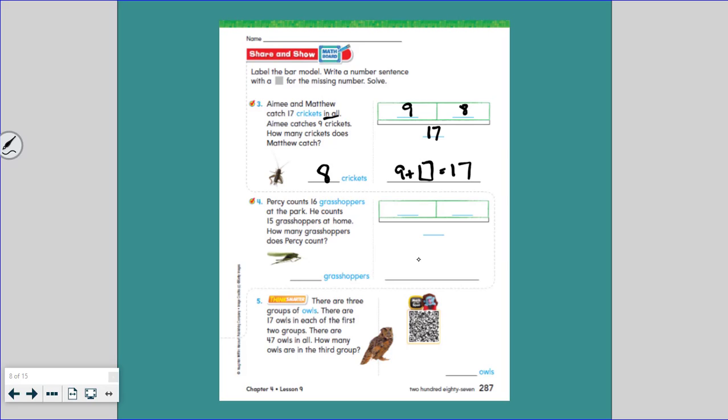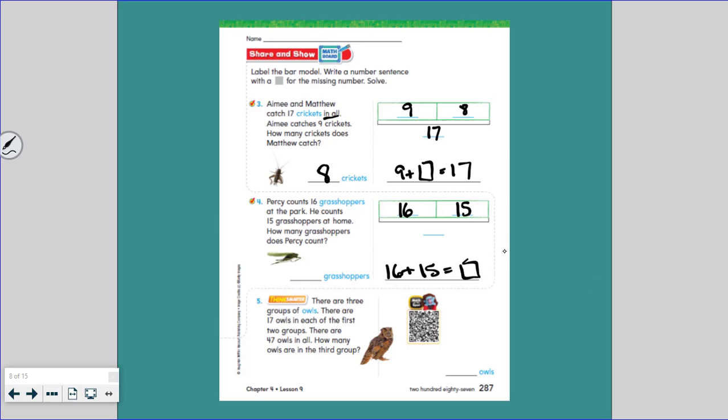Okay, so Percy counted 16 at the park, 16 grasshoppers. And then he counted 15 grasshoppers when he got home. And we want to find out how many grasshoppers Percy counted, the whole number he counted that day. So our number sentence is going to be 16 plus 15 equals blank, because we don't know how many he counted.